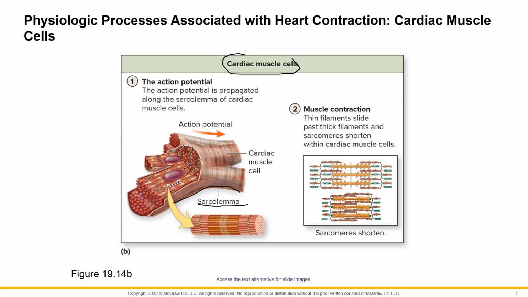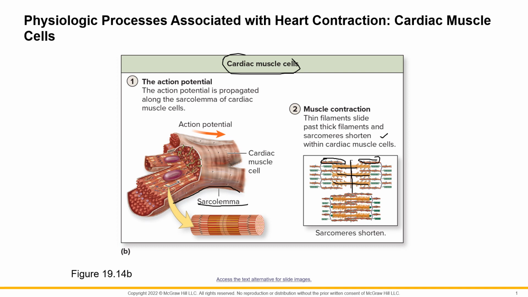So a quick recap, the sarcomeres of the cardiac muscle cell look very similar to that of skeletal muscle cell in the sense that you have your M line. This is your thick filament. In yellow, the thin filaments are right here, exiting from your Z discs.